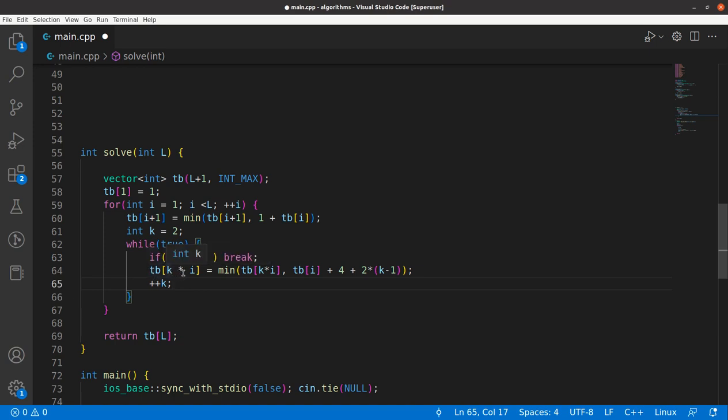So TB of K multiplied by I equals the minimum of TB of K multiplied by I, and here we spent 4 coins for updating the memory, and we spent 2 coins multiplied by the number of jumps, and we update the number of jumps. And at the end we return the last element in the table. This will be our final answer.